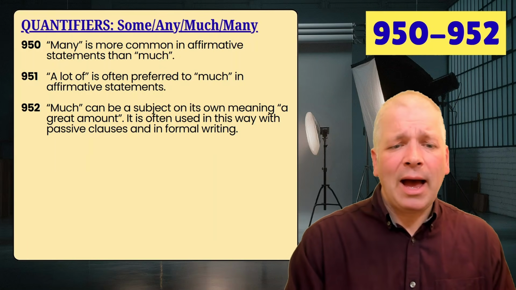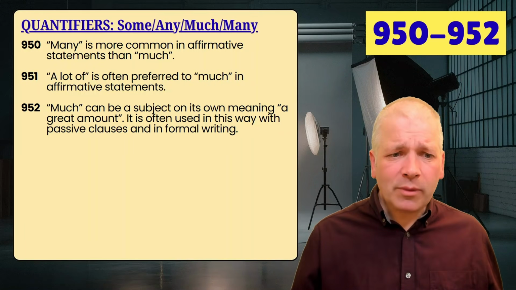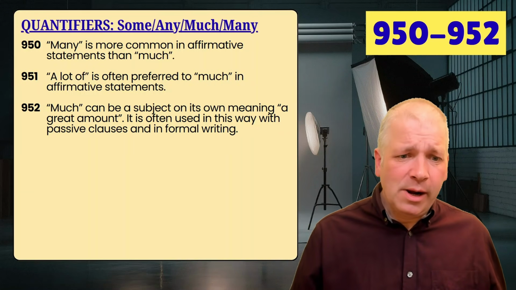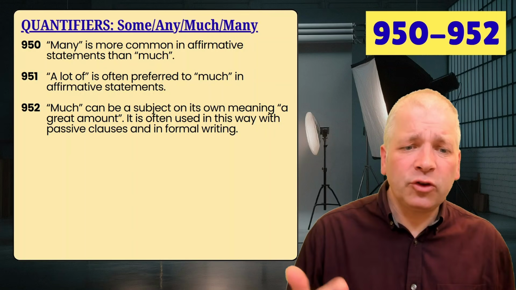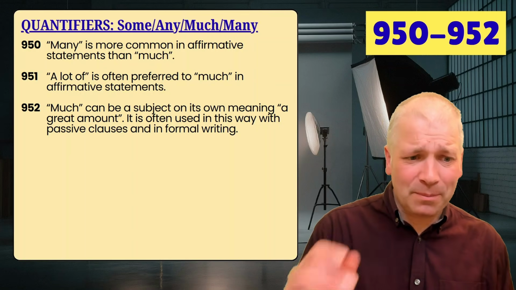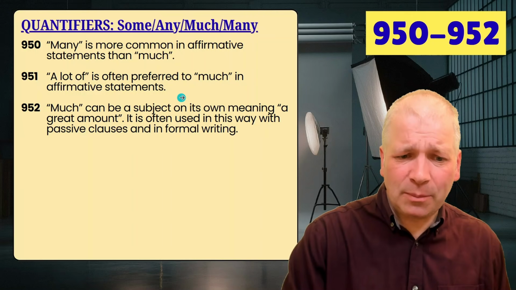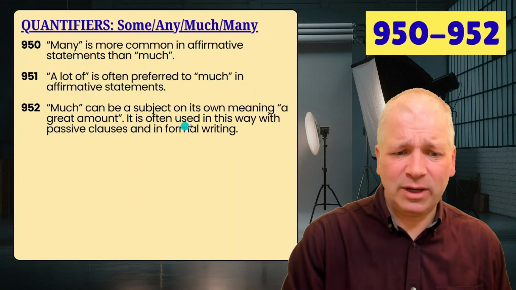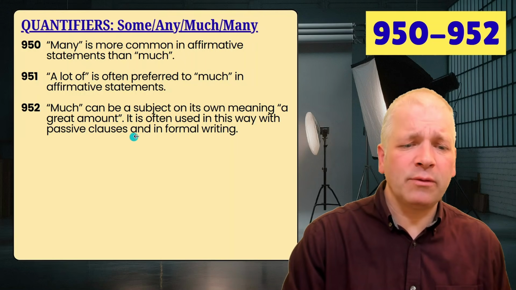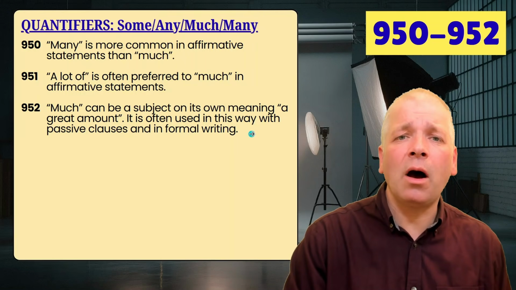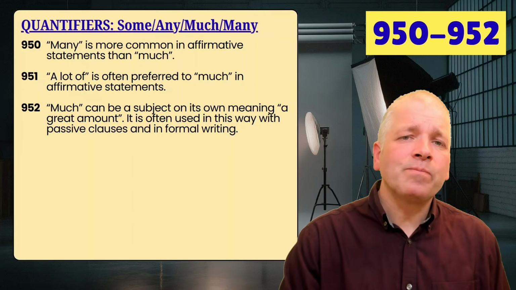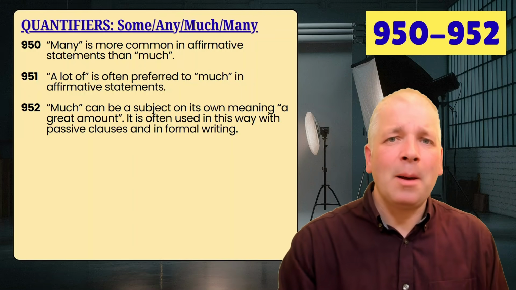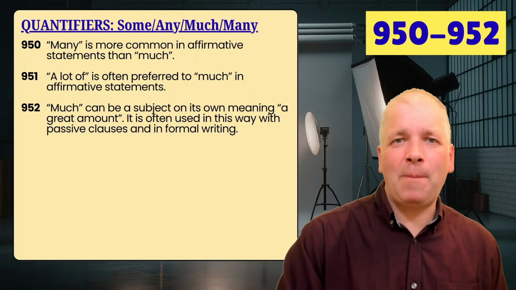So I have many things to say, and a lot of is often preferred to much in affirmative sentences. But much can be a subject on its own, meaning a great amount. It is often used in this way with positive clauses and in formal writing. I have much to say on this topic. Much has been written about English grammar.